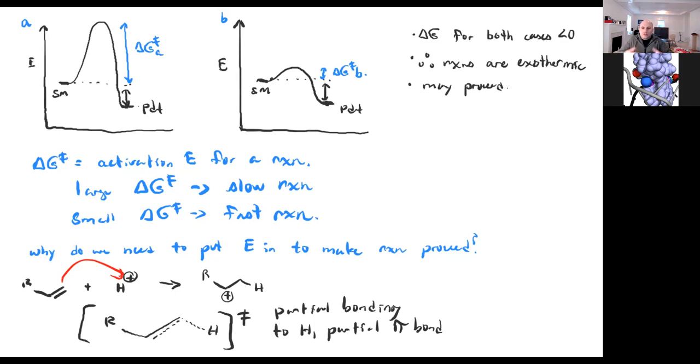That is why transition states are things the system passes through. It doesn't want to stop there because I don't have full bonding to anything, but I need to go through it because you can't jump from one situation to the next. There has to be a continuous movement of the atoms and the electrons through the reaction pathway.